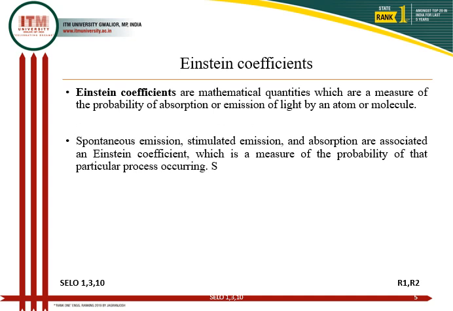In the last lecture, we discussed interaction of radiation with matter, and in that interaction, we obtained three coefficients. Those coefficients are termed as Einstein coefficients.